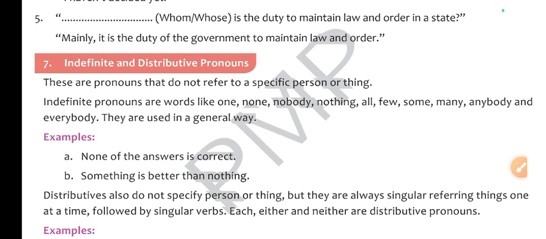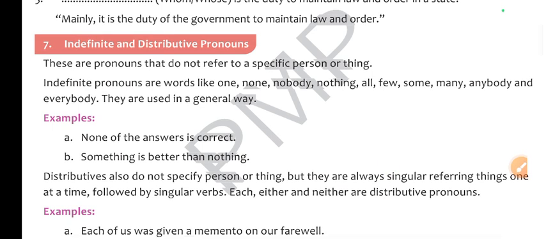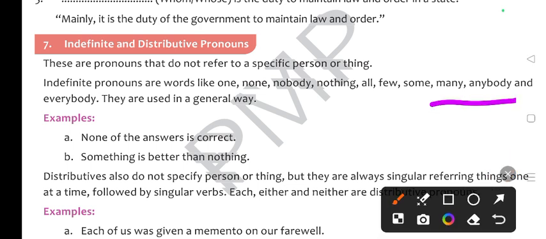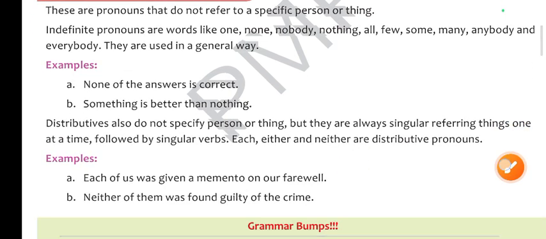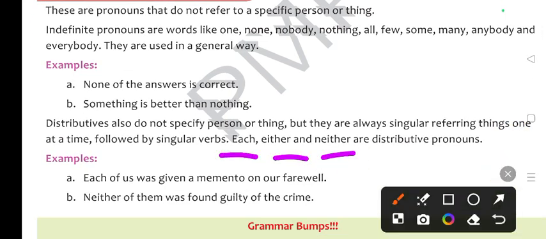So indefinite and distributive pronouns like nobody, one, none, few, many, anybody, everybody. These are some general indefinite and distributive pronouns, and this is indefinite. But if we talk about distributive pronouns, distributive pronouns are like each, either, neither.